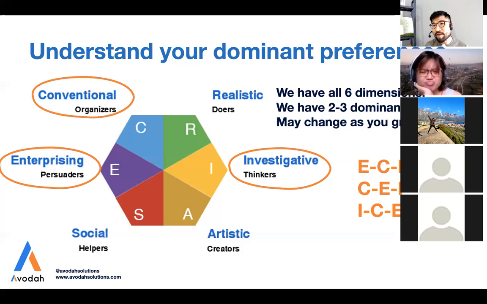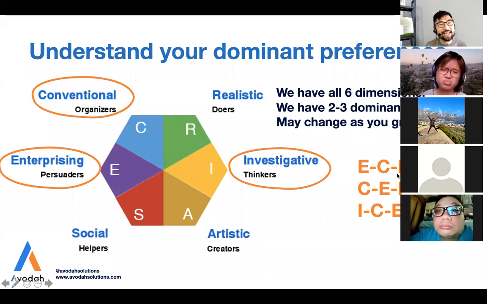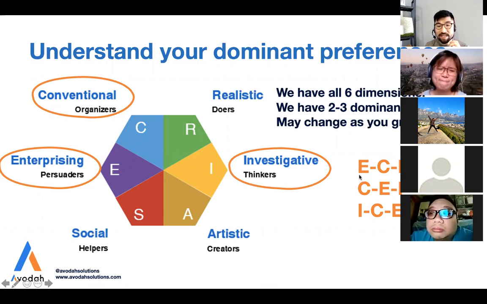But at the same time, you have to take note. For some people, the left one is always the most dominant, the highest. Then the second highest will be the middle, and the third highest will be the one on the right. For some of us, our dominant one is very, very high, so that has to always be first.